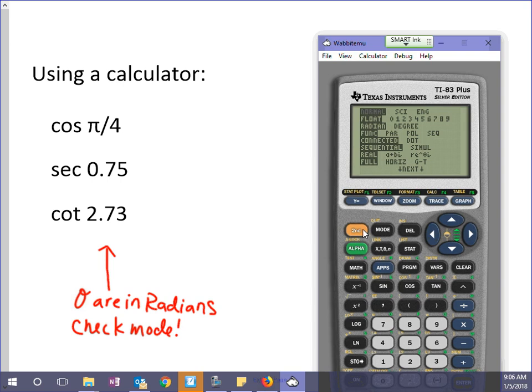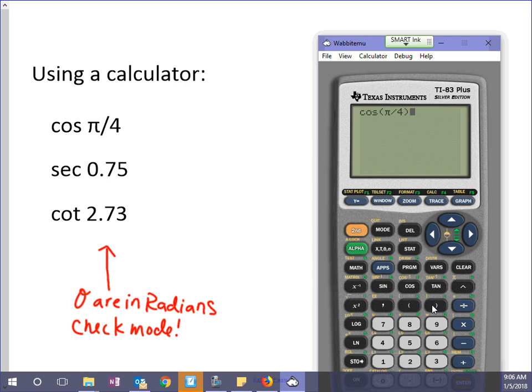I'm going to do second mode just to quit that. As long as I'm in the correct mode, then I can start doing my work. So I'm going to do cosine of pi, and you should have a pi button on the graphing calculator if you do second, and then I call that a caret. It's the exponent raised-to button. If you do that, you'll get the pi, and then divide by 4. Just make sure you leave that parenthesis open so that you're taking the cosine of all of pi over 4.